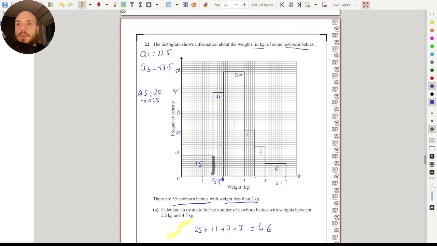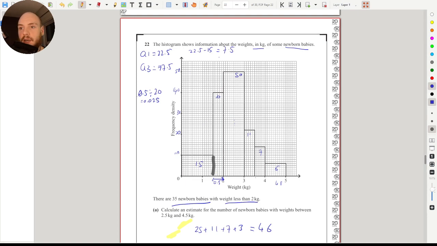Now, I'm going to work out the difference. Since we're 15 up, all we're looking for is 22.5 minus 15, and that's how many blocks we're looking up. So it'll be 22.5 minus 15, which is 7.5.